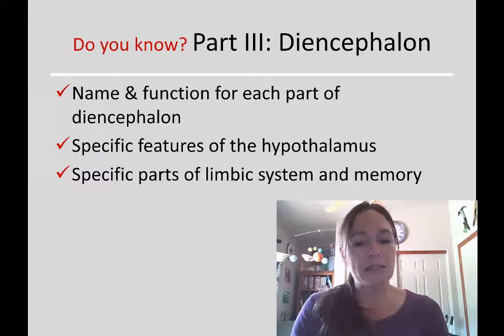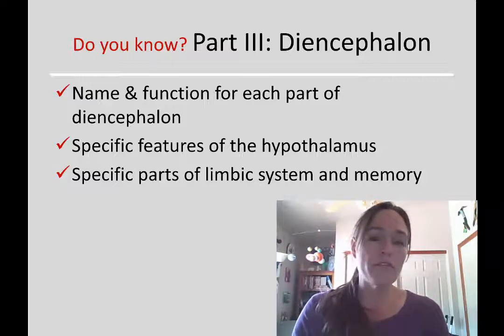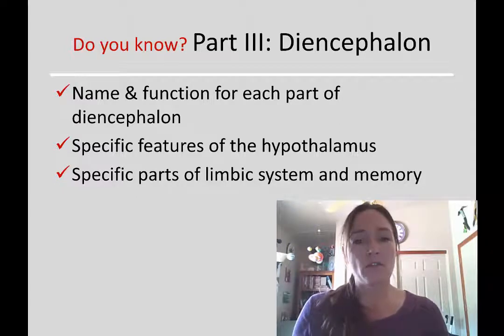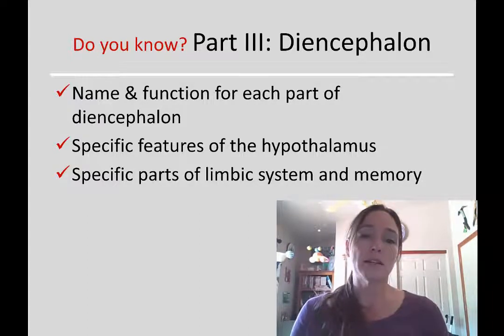It has a lot of input throughout your body, and it is going to be the master controller of your pituitary gland, which is then going to send out a number of hormones throughout your body to elicit changes based on whatever the hypothalamus detects is out of whack. The role of the hypothalamus and its relationship with the pituitary gland is going to be a main topic that we'll start off Bio 202 with when we do the endocrine system.